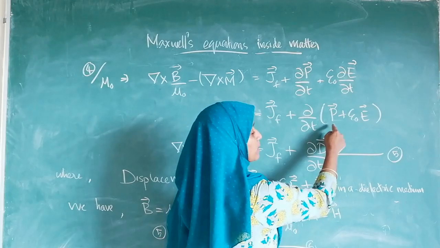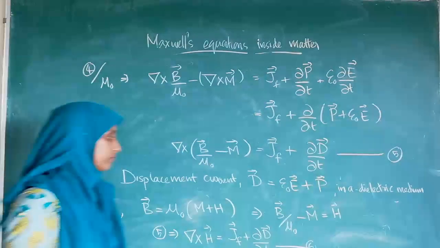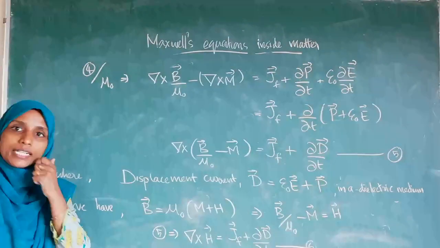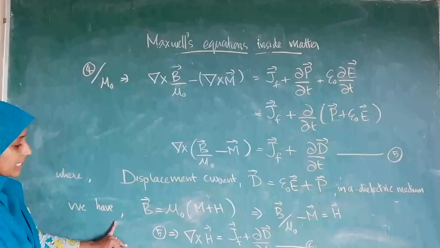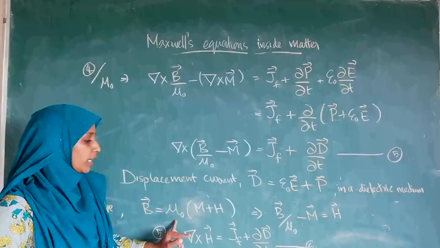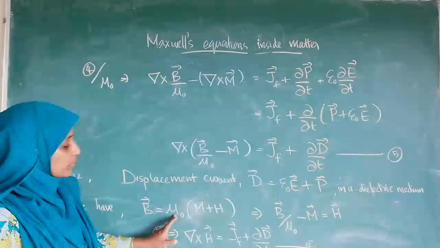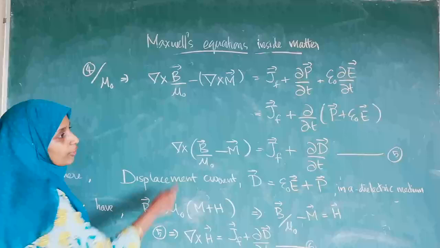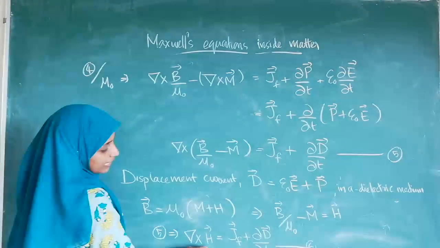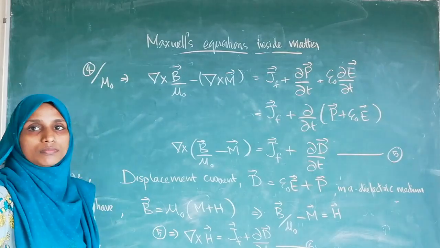As we know, the displacement field D is equal to P plus ε0 E in a dielectric medium. And also, in a magnetic material, B is equal to μ0 into (M plus H). From this, B/μ0 minus M is equal to H. That is equation 5: ∇ × H is equal to Jf plus ∂D/∂t.